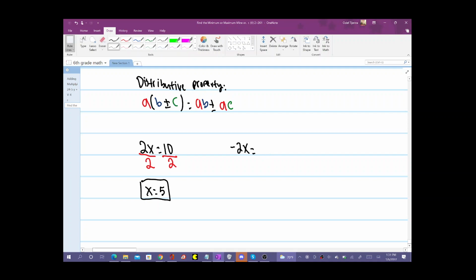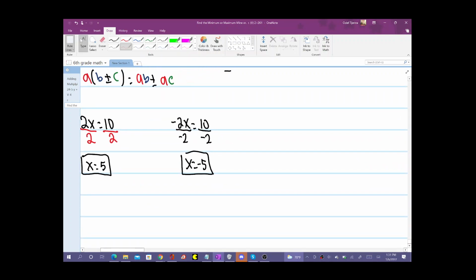Remember that a positive over a negative is equal to a negative, right? So if you divide by a negative here, then you end up with negative 5. Dividing both sides by negative 2, we have 10 over negative 2, and that's negative 5. So x equals negative 5, right?